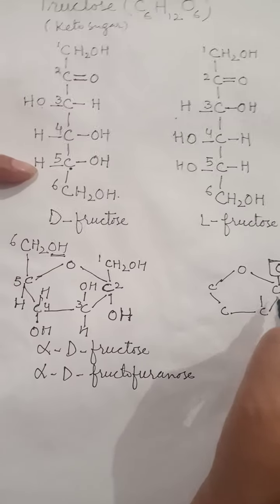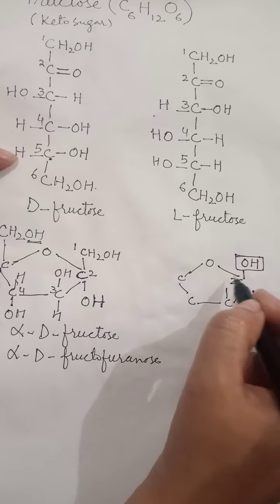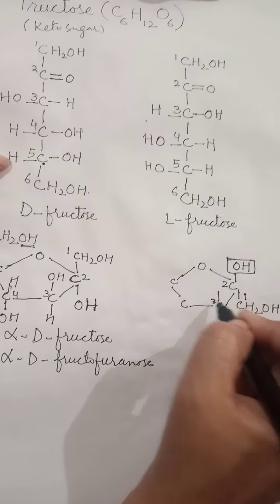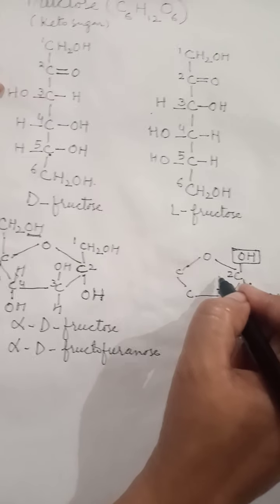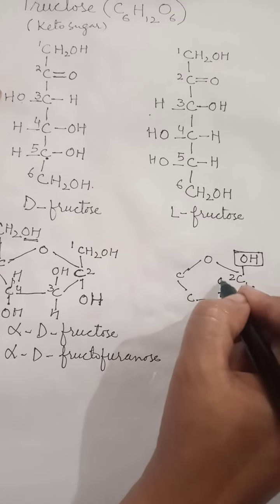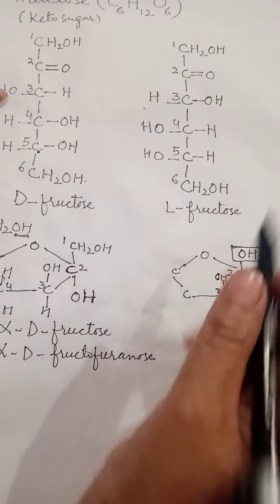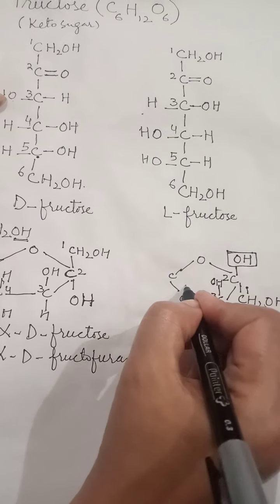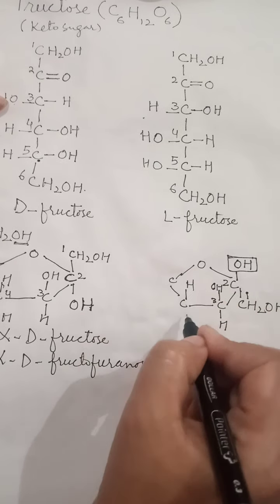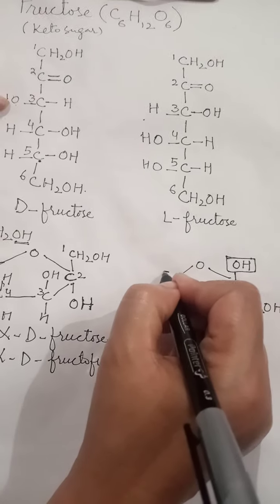Now you can see that this is the beta form. This is carbon number 2, and this one is carbon number 1, and this is carbon number 3. With carbon number 3, the thing which is on the left side you have to write on the top. This is the hydroxyl group, then hydrogen. The one which is on the right you have to write in the downward position, then again hydrogen, hydroxyl group. So this is carbon number 4 and carbon number 5.